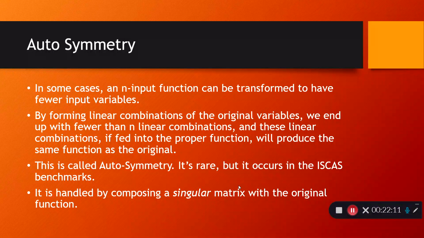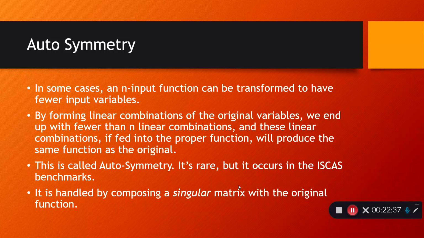Autosymmetry. Now, this is actually an offshoot of some other research that's very, very interesting that essentially uses matrices to simplify functions. We may get into that later, but not as part of talking about symmetry. But for autosymmetry, we do kind of need to talk about that.